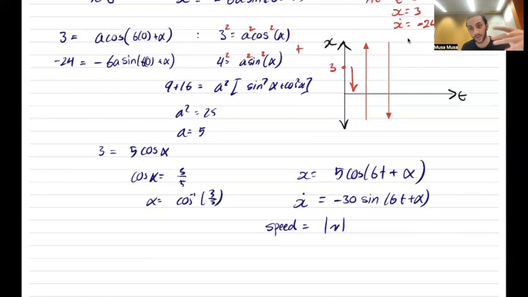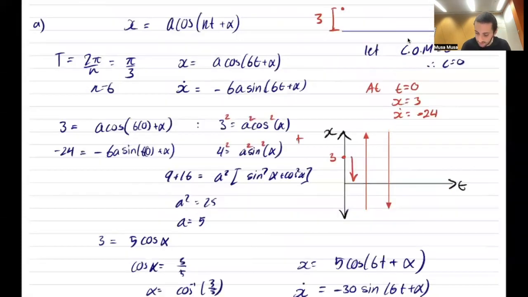So I don't care if it's going in the positive or the negative. So it seems like we're just trying to see what's the biggest number that our x dot can take. And because it oscillates between 30 and minus 30, the highest it can go is to have a speed of 30. So max speed is 30 centimeters per second.